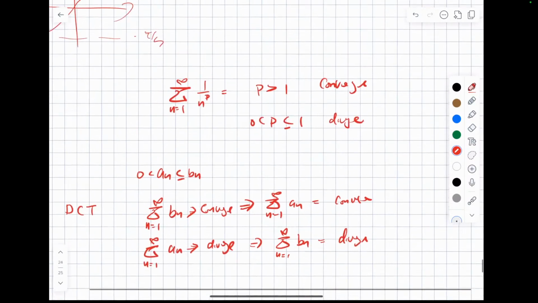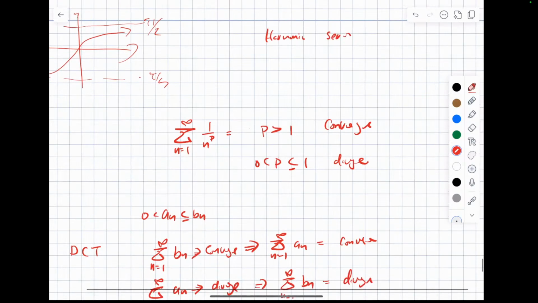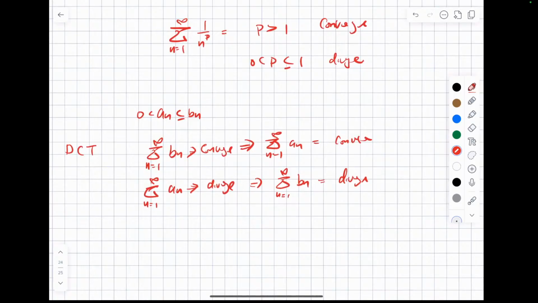We also talk about the harmonic series. If a_n diverges and b_n is bigger, then b_n has to diverge. You're already bigger than a divergent series. If bigger than divergent, it has to diverge. If smaller than divergent, it's not necessarily so, right?